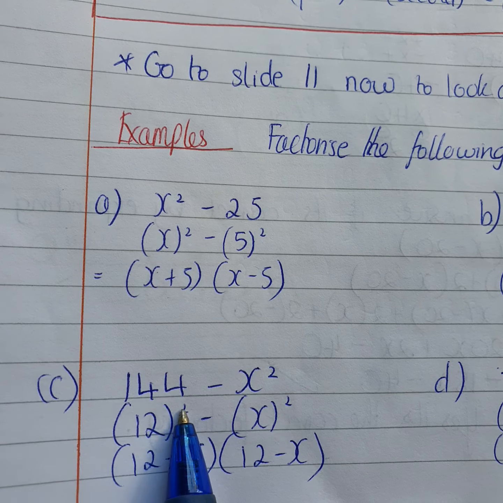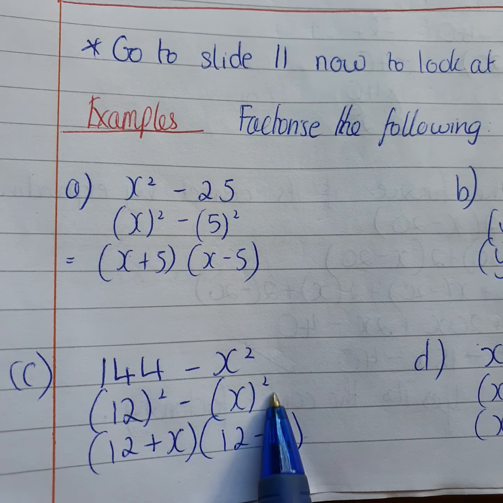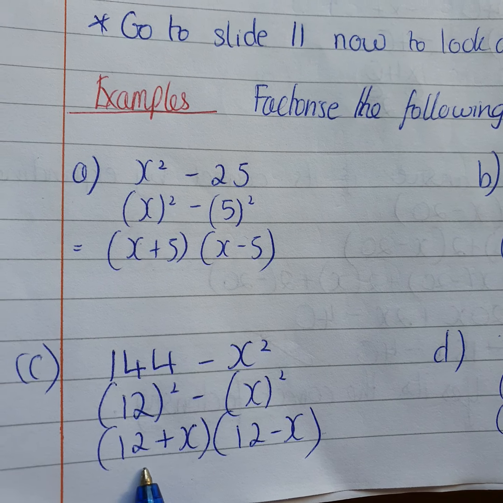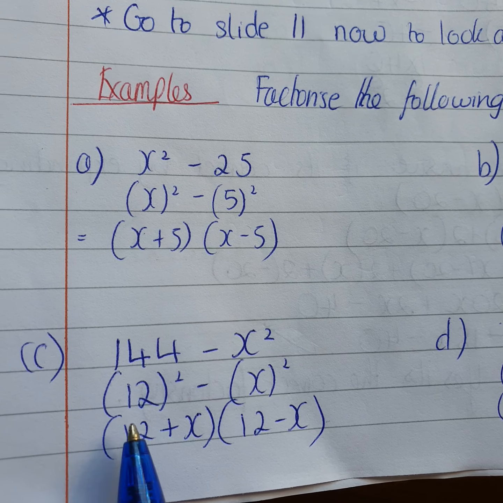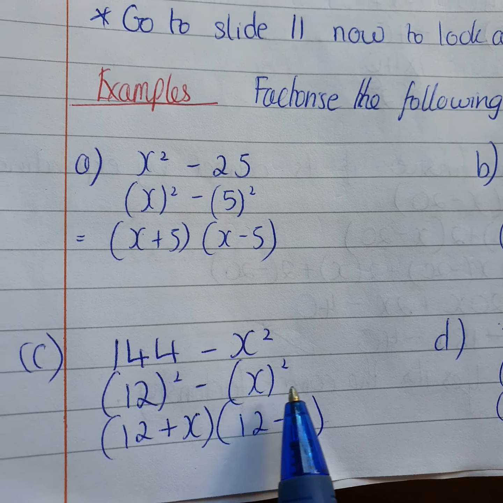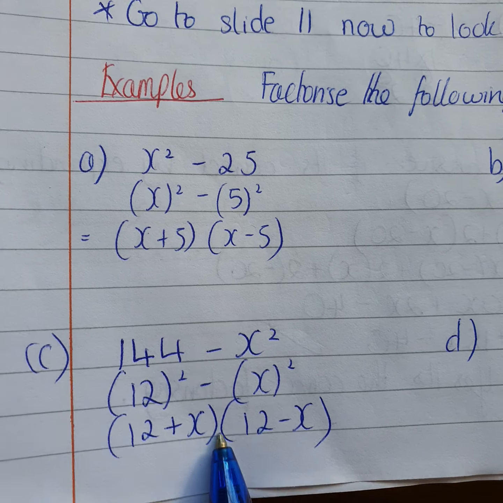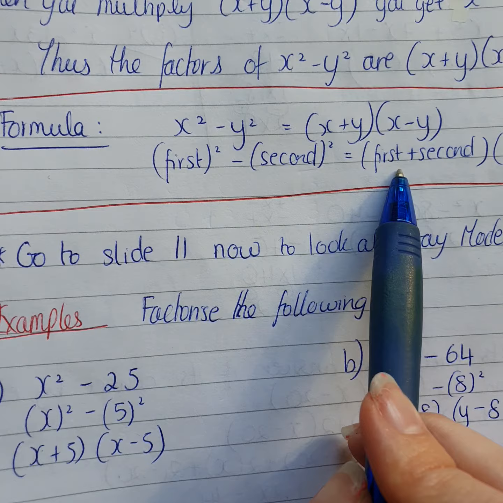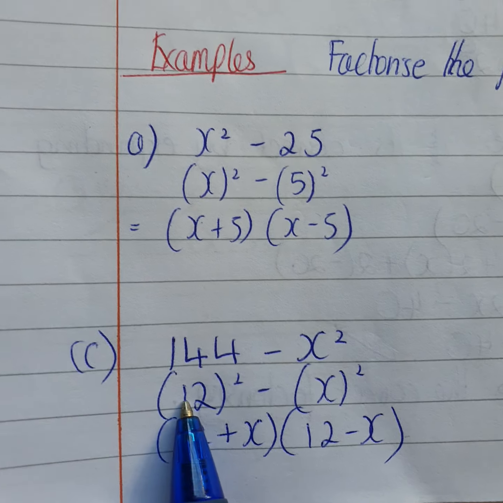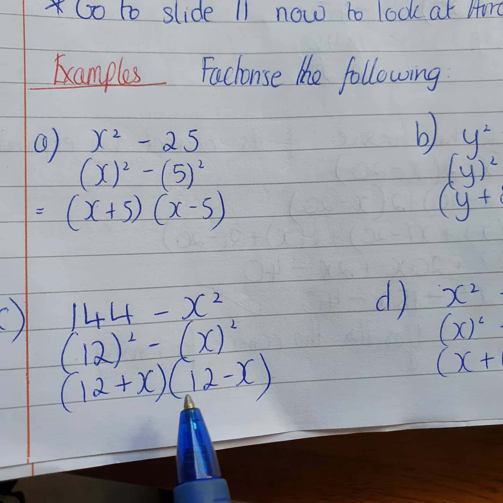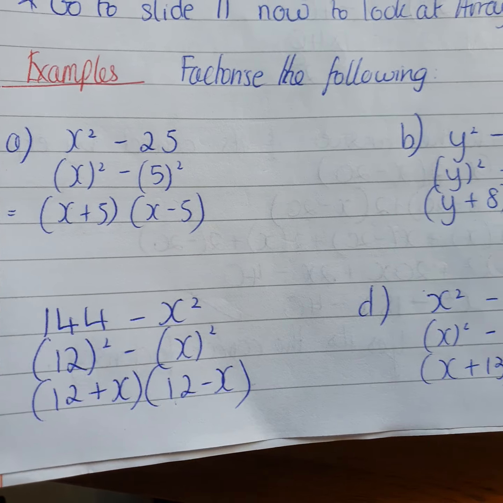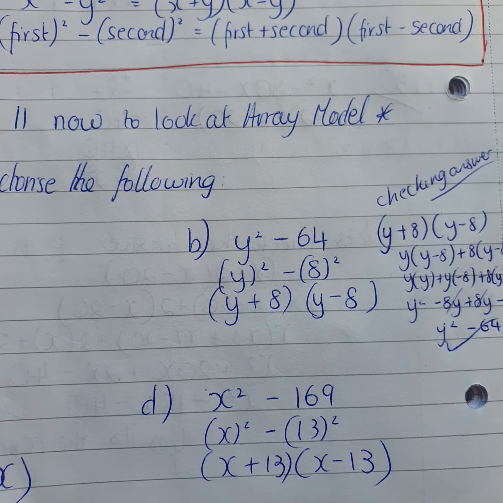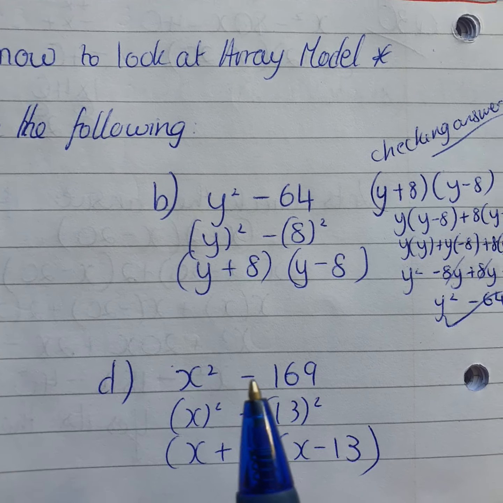So we've got 12 squared minus x squared, which is the same as saying 12 all in brackets squared minus x all in brackets squared. So we'd say 12 plus x and 12 minus x. Remember, put the first plus the second times the first minus the second. That's your answer. And then finally, your fourth example, which you can take down as well.